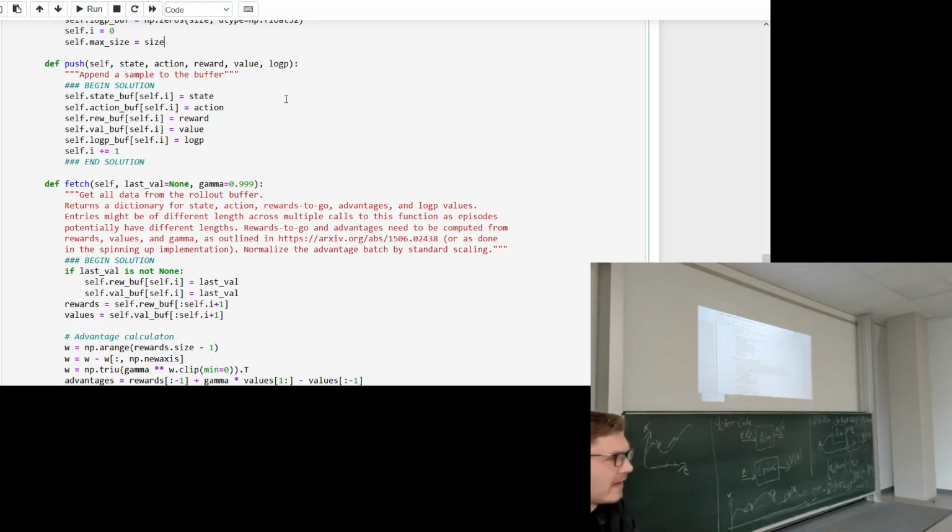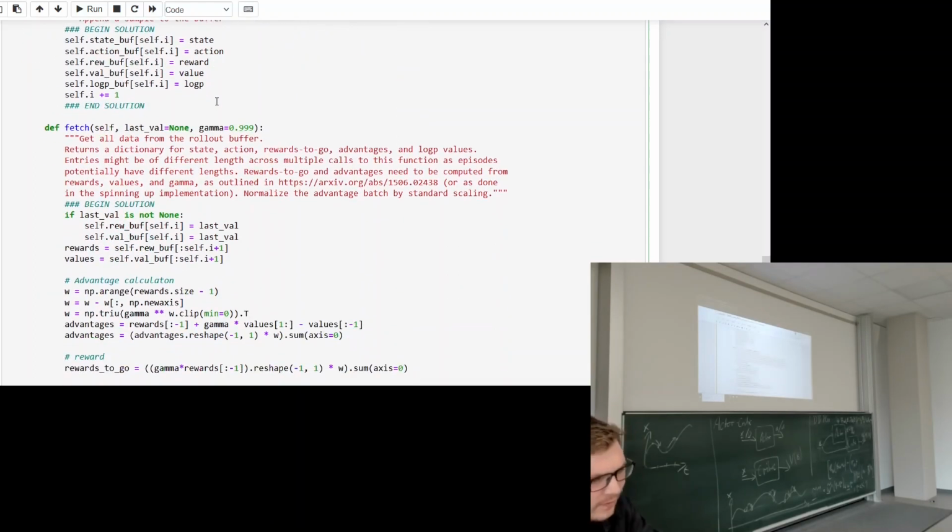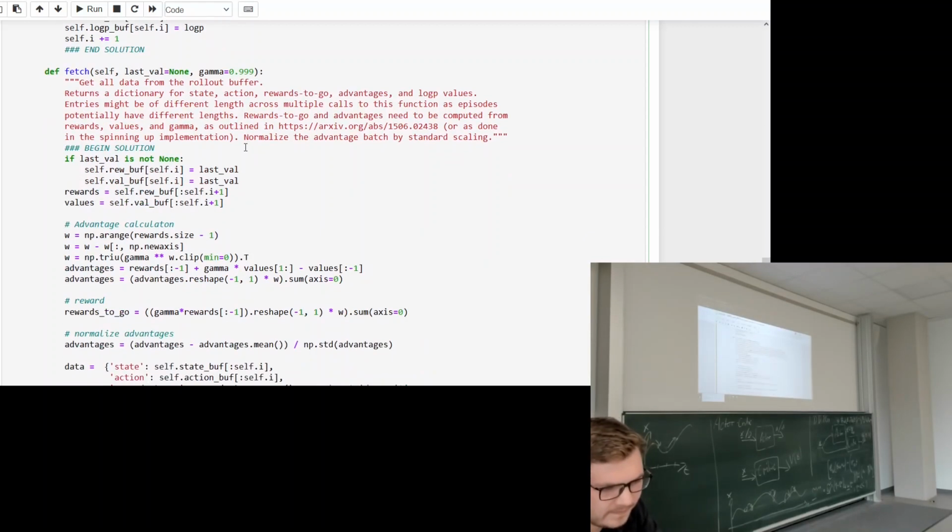Kind of as in Monte Carlo learning, right? Where we firstly need to reach a terminal state or reach the finish line before we can start learning. And the same idea we have here with the rollout buffer. So we fill that buffer first, and then we learn from the whole path that led us there.